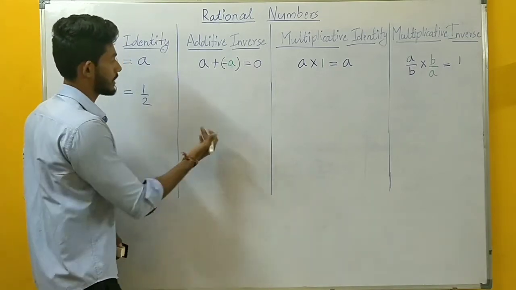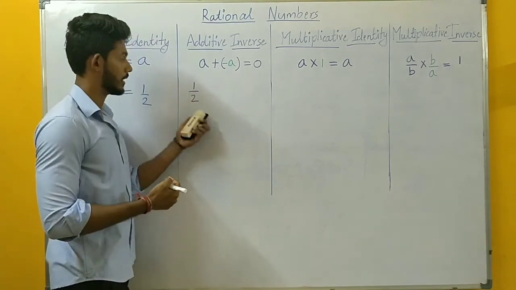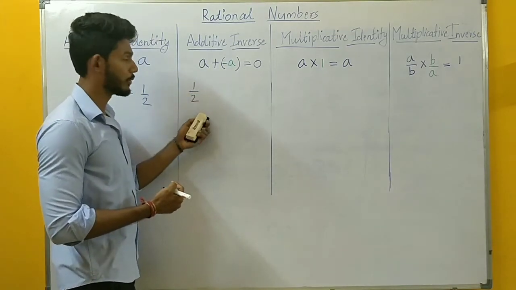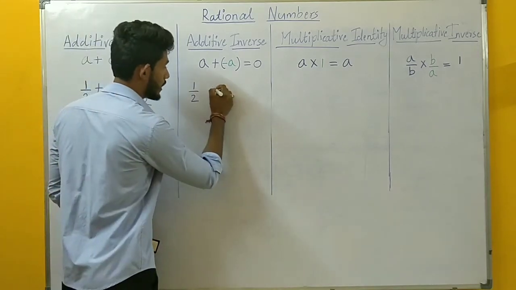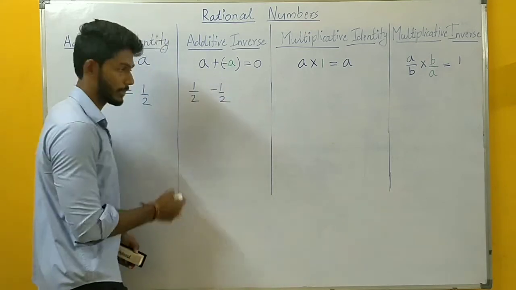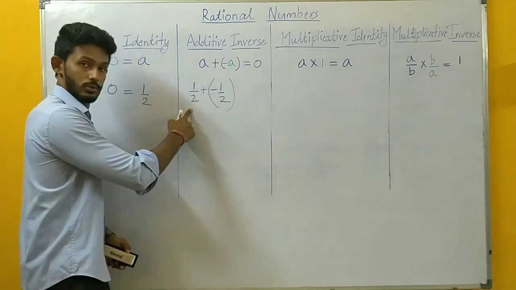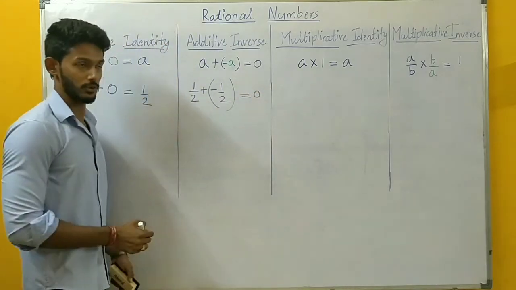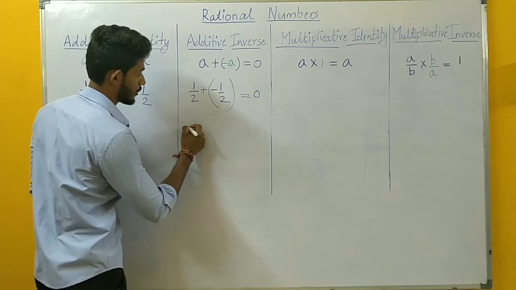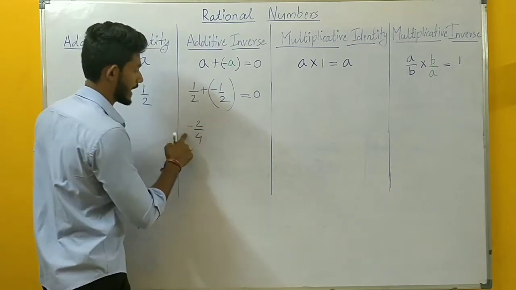Suppose we have 1 upon 2 as a rational number. The additive inverse of this number will be negative 1 upon 2, because only when we add negative 1 upon 2 to 1 upon 2 do we get 0. The next example: suppose we take negative 2 upon 4.